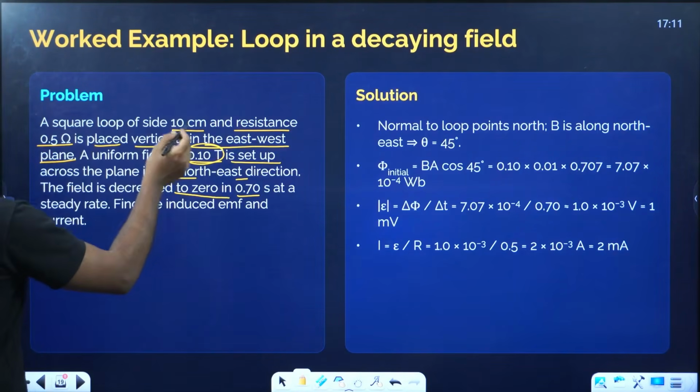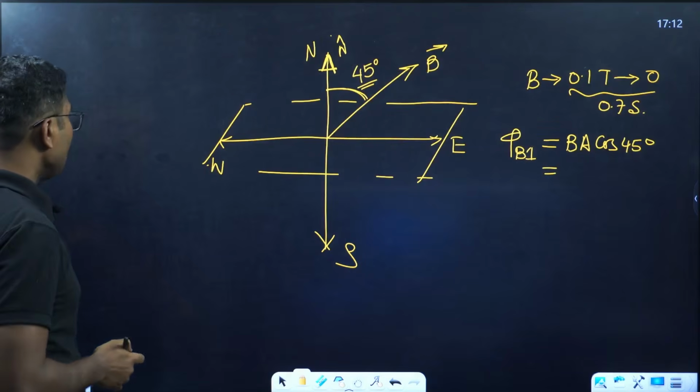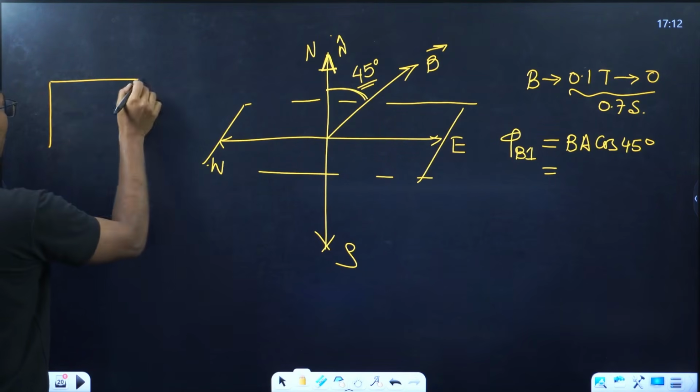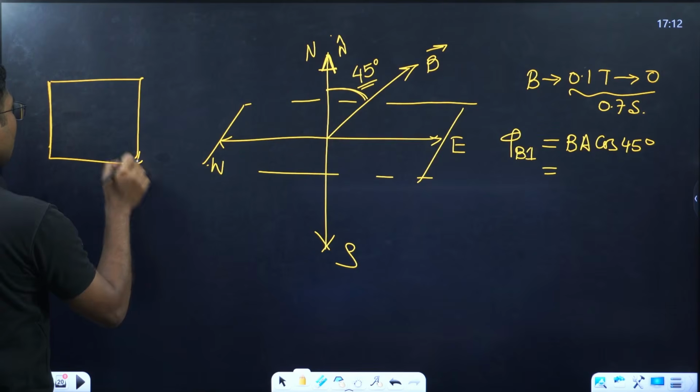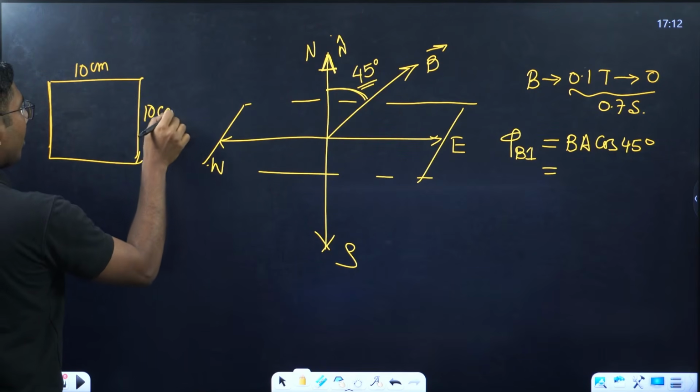Now here it is a square loop, 10 centimeter per side. What is the area of this loop?